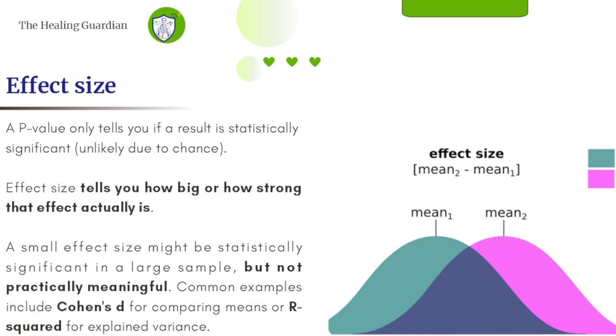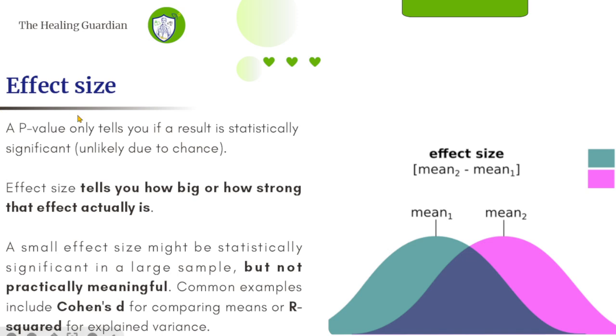But in reality, the blood pressure has dropped by 1 millimeter of mercury. Then you ask yourself, if someone has 140 millimeters of mercury, dropping it to 139, is it practically meaningful? That is why we calculate the effect size. However much it is statistically significant, is it practically meaningful?